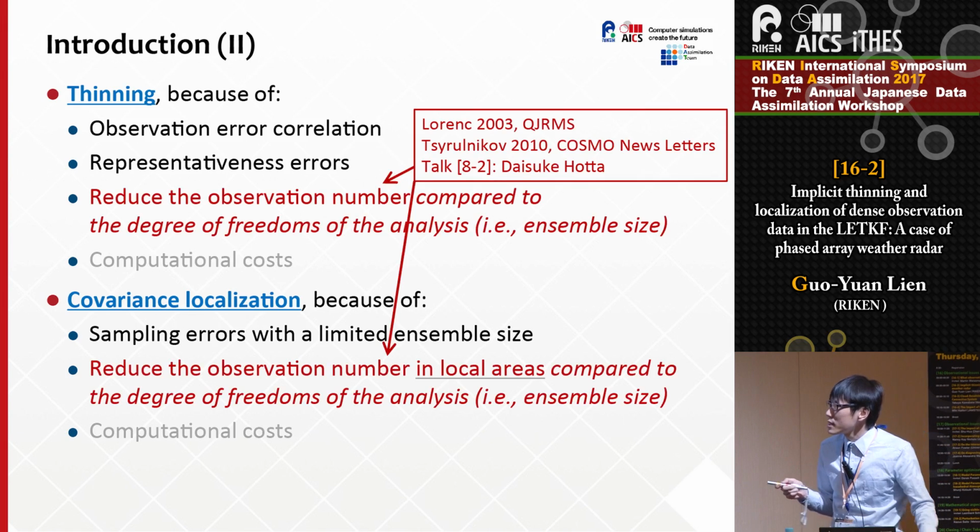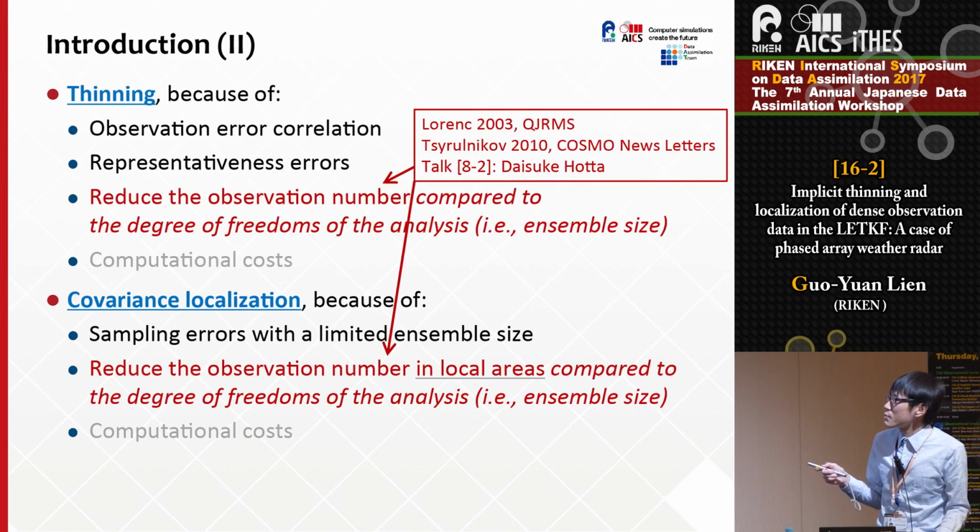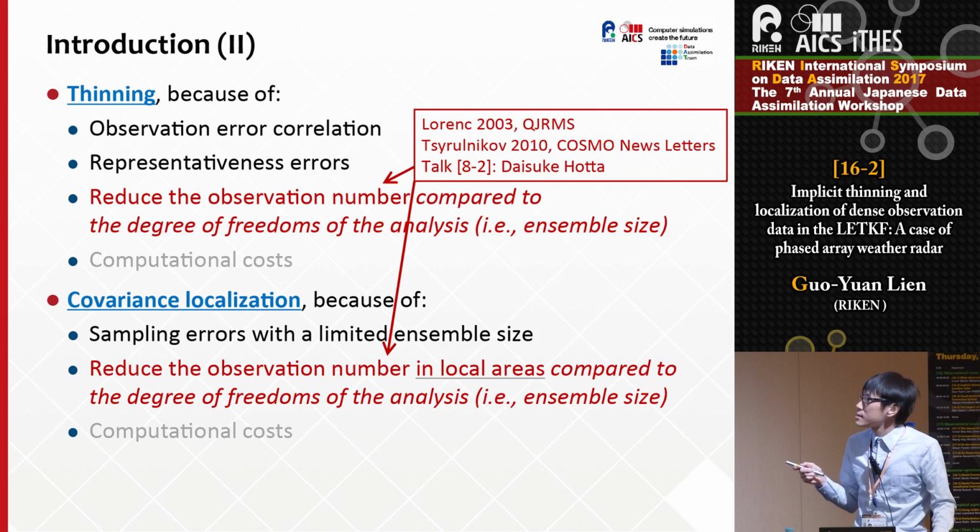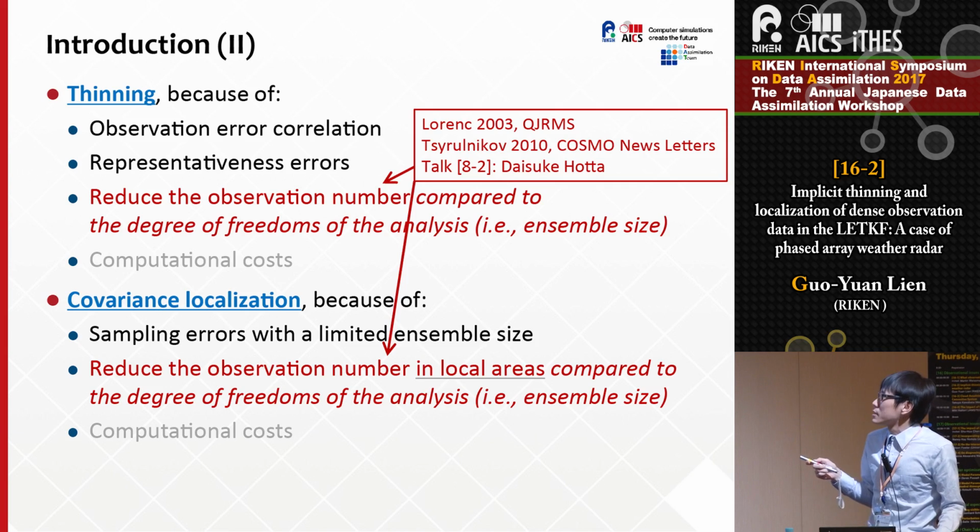One is to reduce the observation numbers compared to the ensemble size, or the degrees of freedom of the analysis. This limitation is discussed in several works, and also in the talk by Daisuke Hotta on Tuesday.